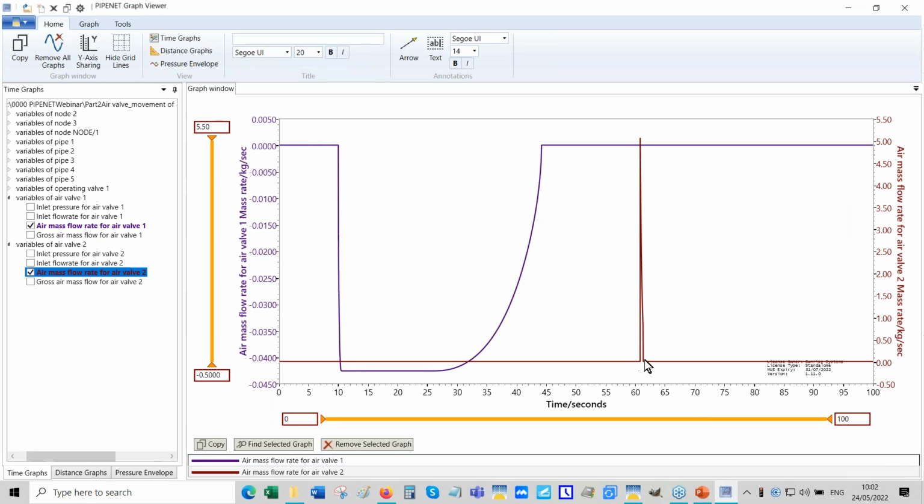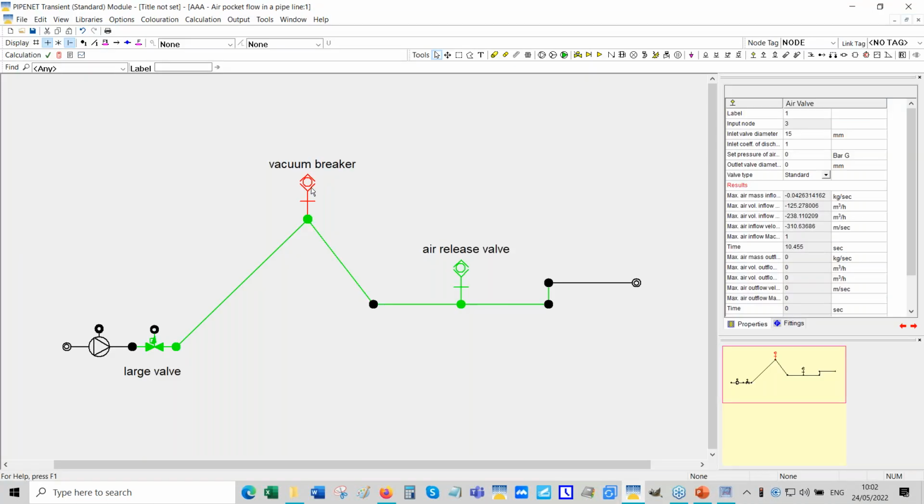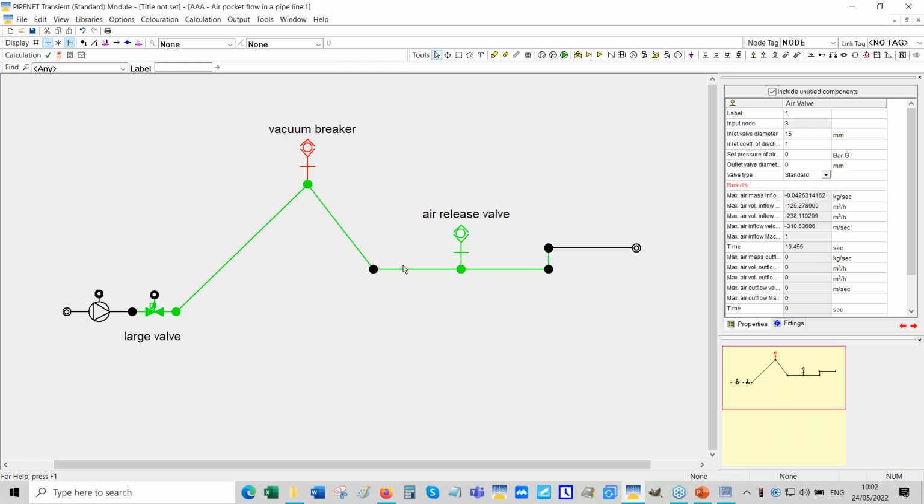See, the flow rate is bigger in the air release valve, but its duration is much shorter. So air comes in here. It takes a little while for the air pockets to move to the air release valve and then goes out. So essentially, air comes in here, moves down the pipe, and then goes out through that.